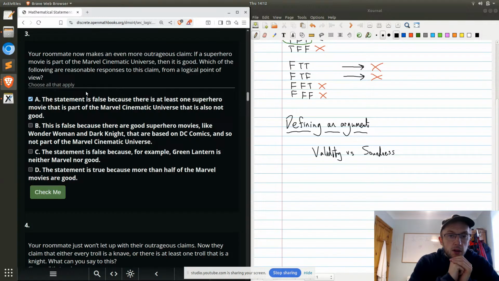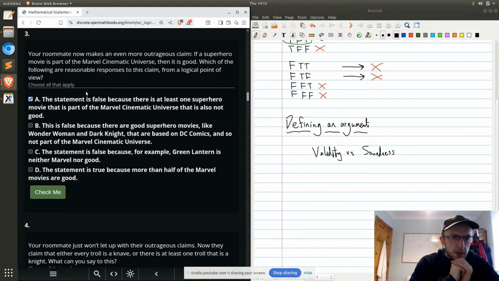B, this is false because there are good superhero movies like Wonder Woman and Dark Knight that are based on DC Comics and so not part of the Marvel Cinematic Universe. That's not relevant. C, the statement is false because, for example, Green Lantern is neither Marvel nor good.